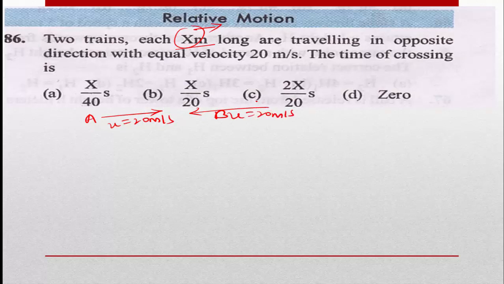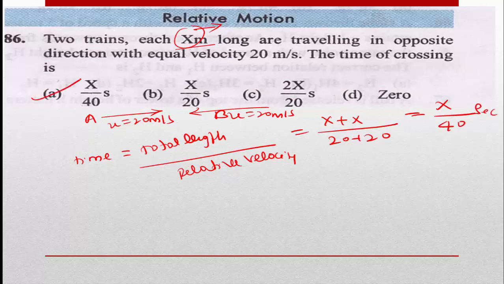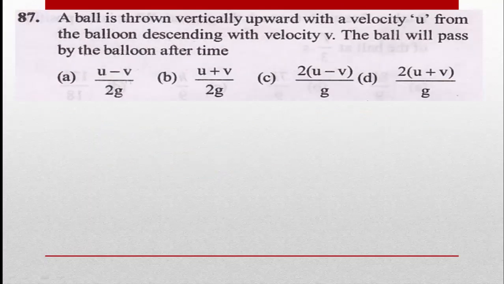The time of the crossing is total length divided by relative velocity. Total length x plus x divided by relative velocity 20 plus 20. x plus x is 2x, 20 plus 20 is 40. 2x divided by 40 seconds. Option A is the right answer for this question.